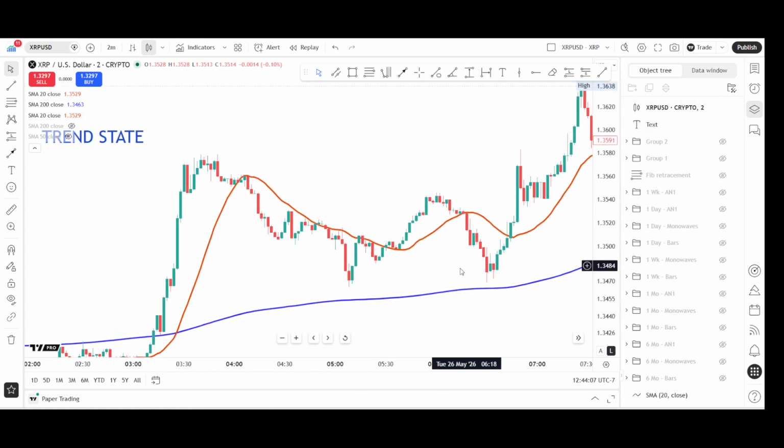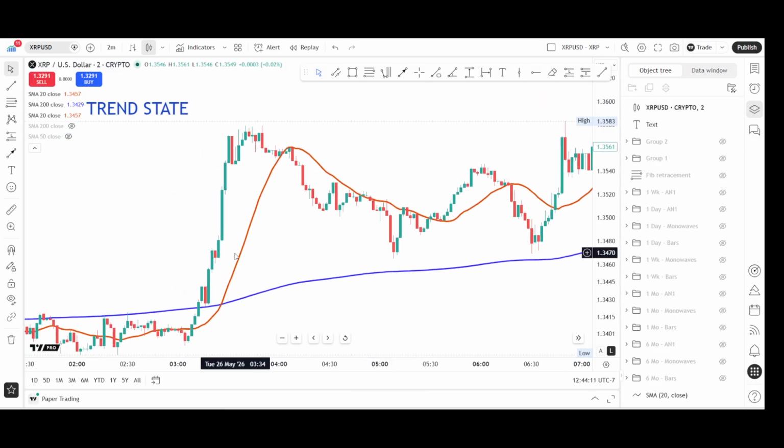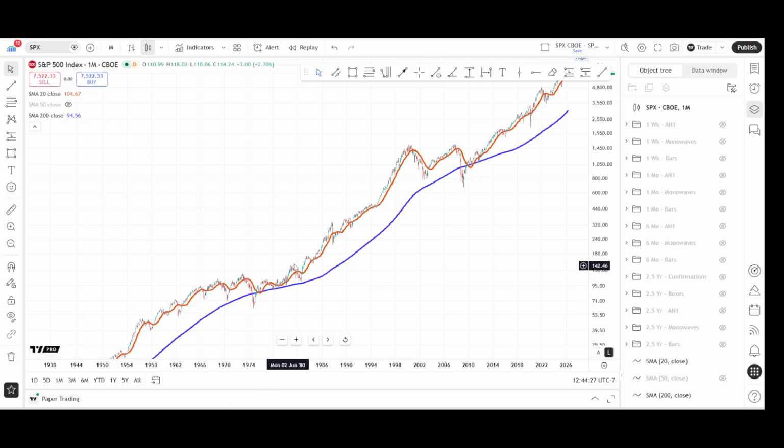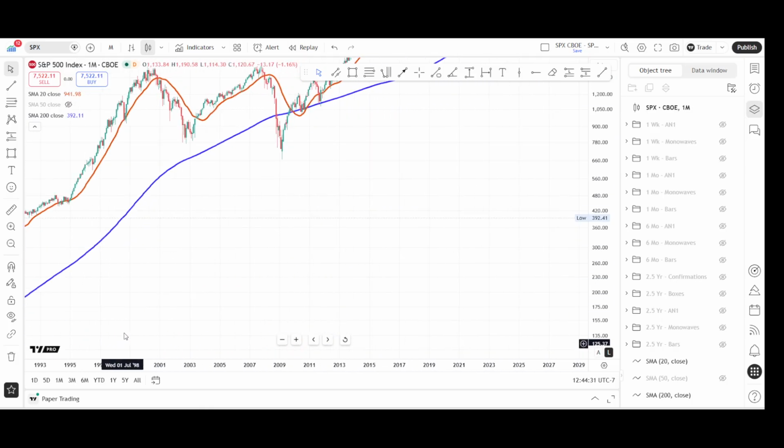That would be wave B, and then you've got your wave C. So in this case, you don't get a lot of trend surfing that's going on and on and on like you would see in the S&P 500, where the market bounces off the 20. Let's show you here.